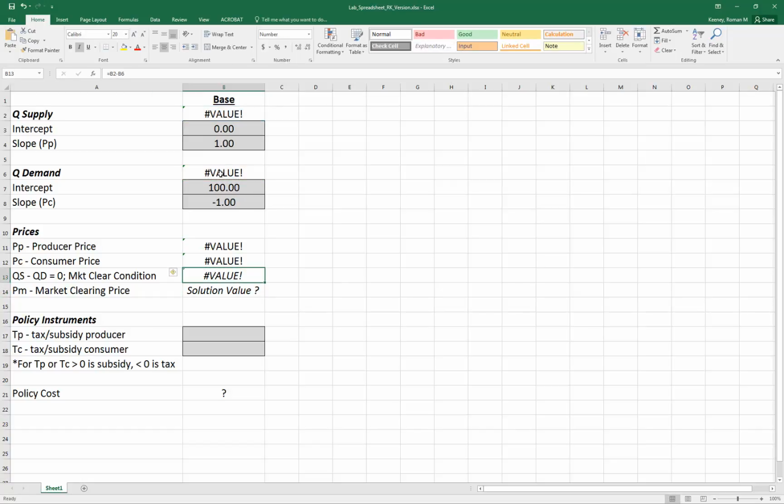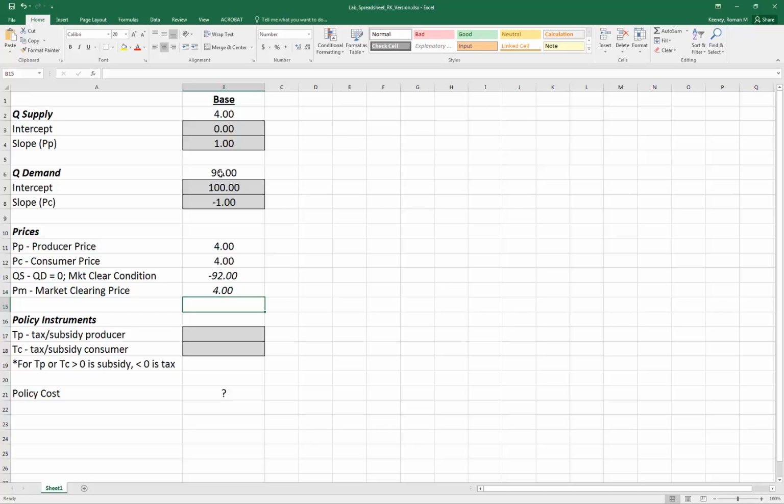This one is converted from a question mark to a value, meaning we need to know what the quantity supplied and quantity demanded are before I can impose the market clearing condition. Okay, and so then we get down here to the solution value for the market clearing price. It's just written in as words, and Excel doesn't know what to do with those, so just pick something. Let's put in 4.